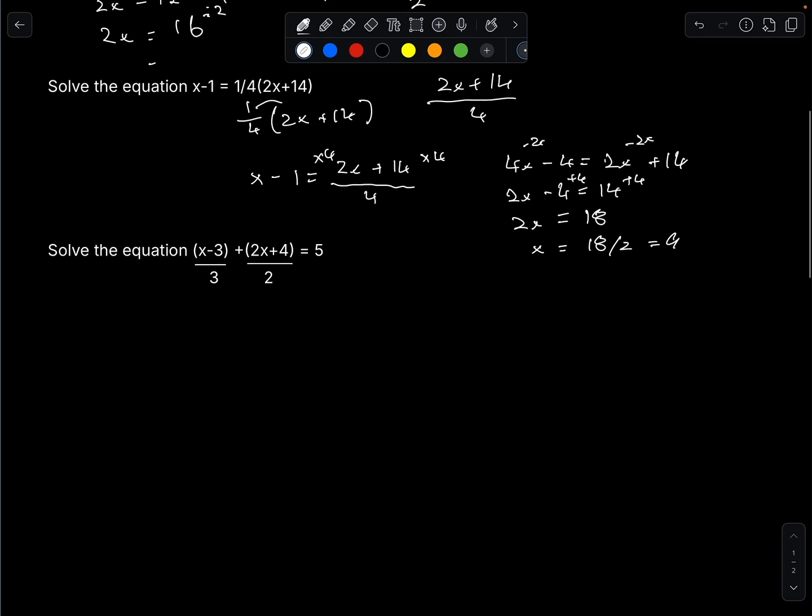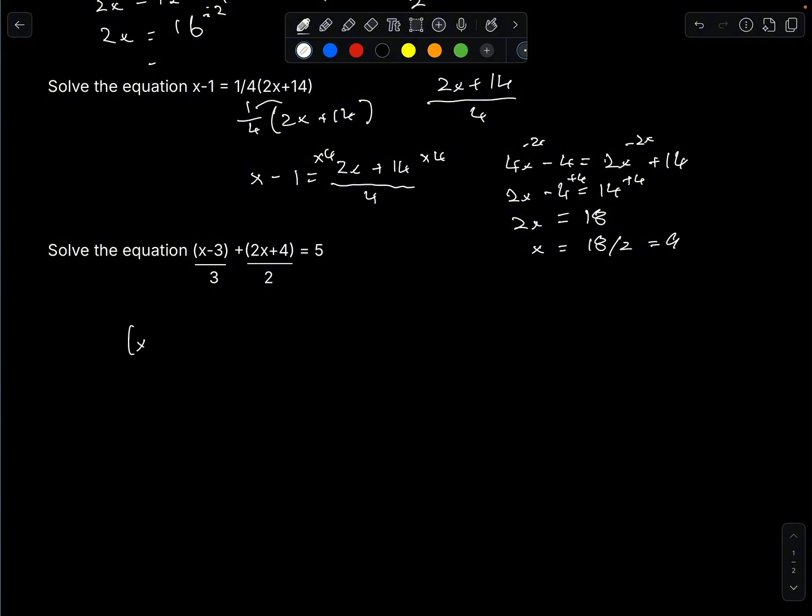Okay, now this one we have two fractions. So what I'm going to do is multiply everything by a chosen number, and let's say I want to multiply by 3 first.